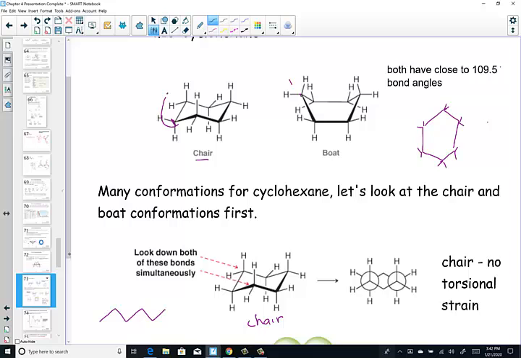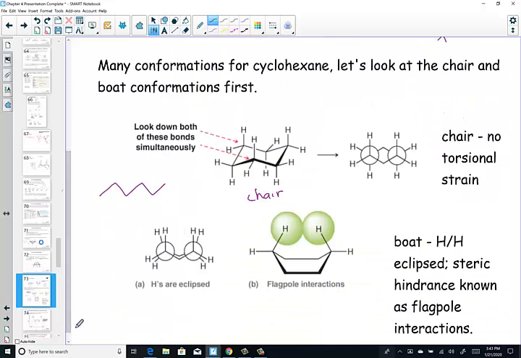And clearly you see these are not equivalent. In this chair conformation, look at all of these hydrogens with these nice 60-degree separation between the front and the back carbons, lots of room, so no steric hindrance, no torsional strain. And yet in this boat conformation, carbon 1 and carbon 4, if they're placing their carbons up in the same direction, notice that the hydrogens are going to have interactions, and that of course creates strain.